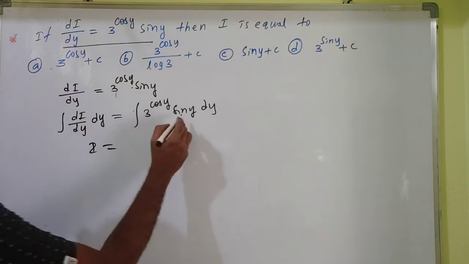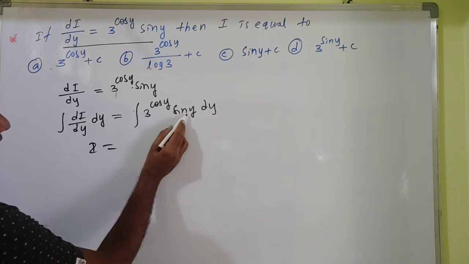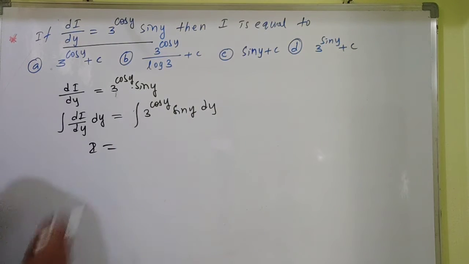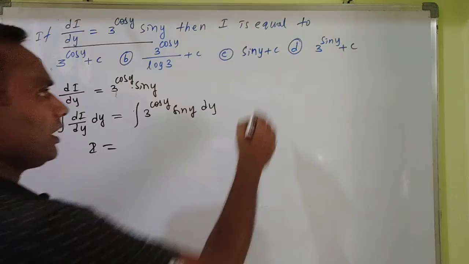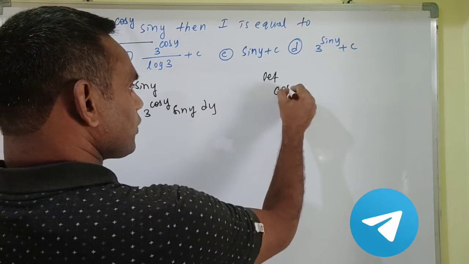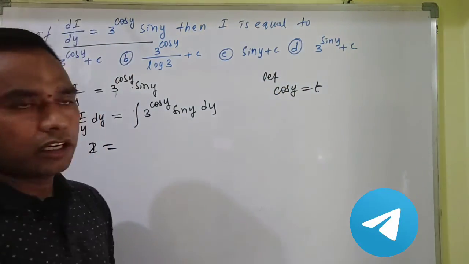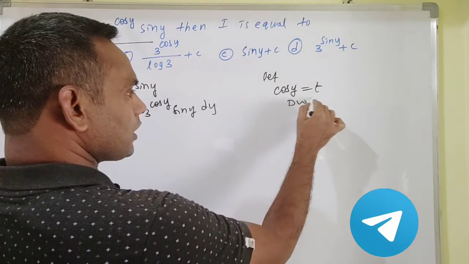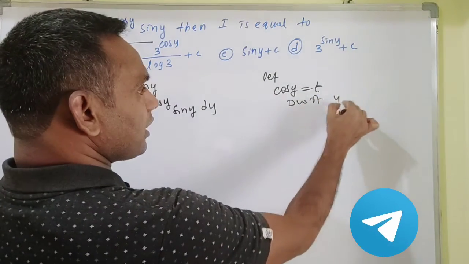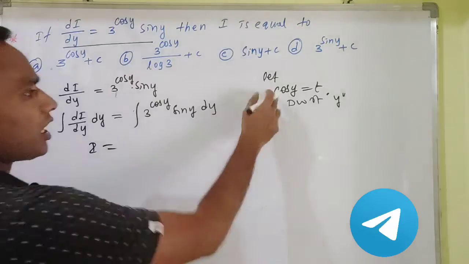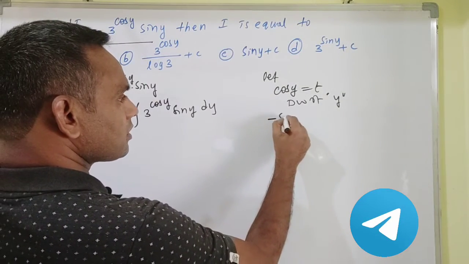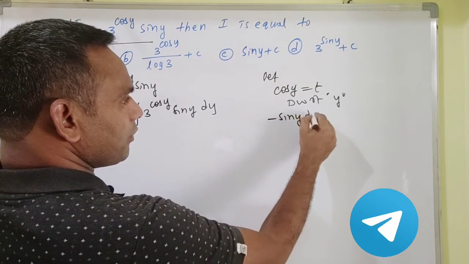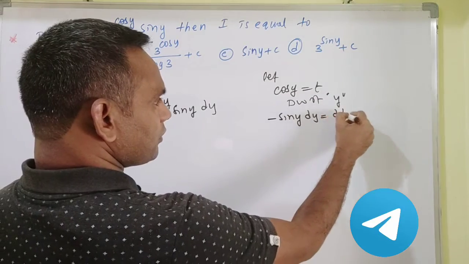Now let cos y be equal to t. Take the derivative with respect to y.